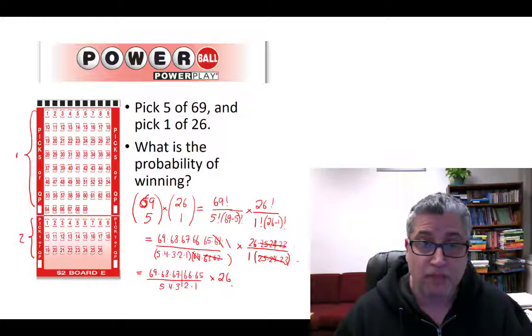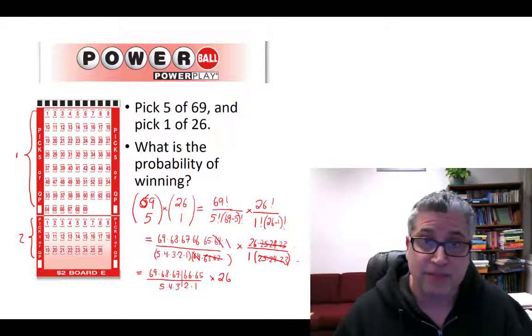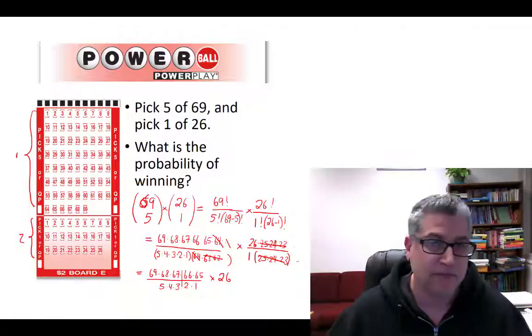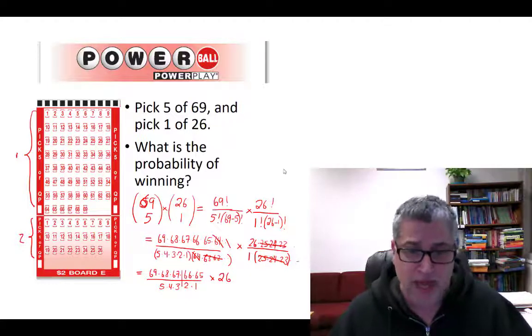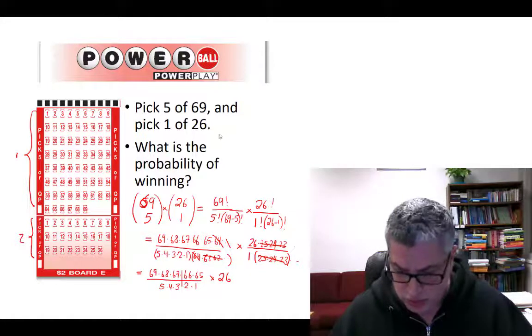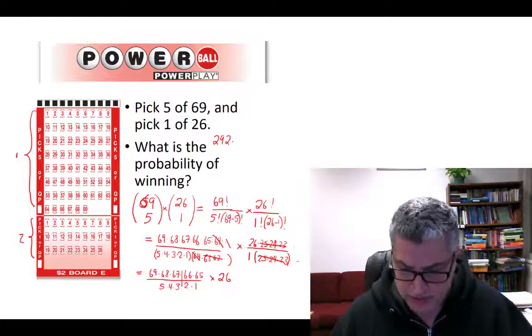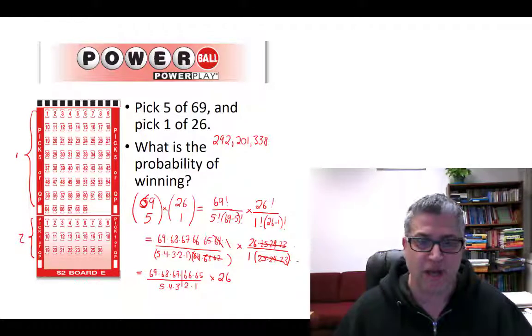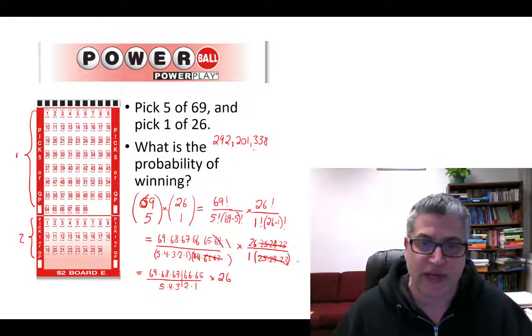So we can just key this into a calculator and get our answer. And if we do, we get a very big number. The number that we get is 292,201,338. So that's how many different possible combinations of these numbers we could have.